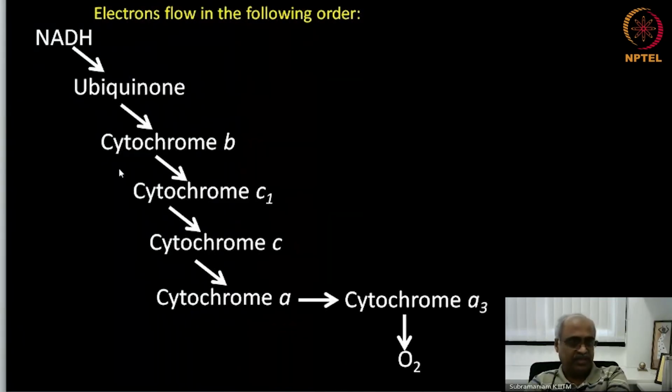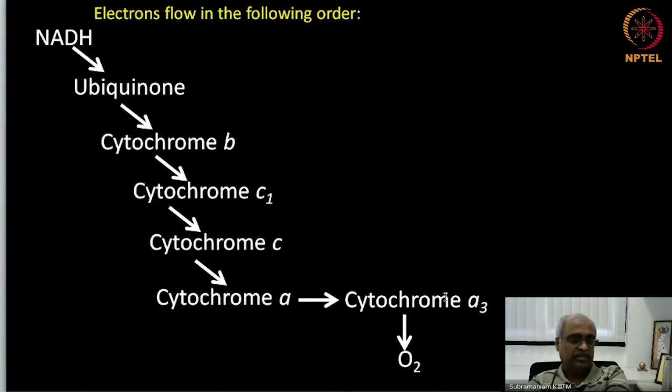Complex 3 is going to have these proteins as part of it. And complex 4 transfers electrons from cytochrome C to oxygen via this A and A3. So this is the sequence scientists have deduced by those three means that I just listed.